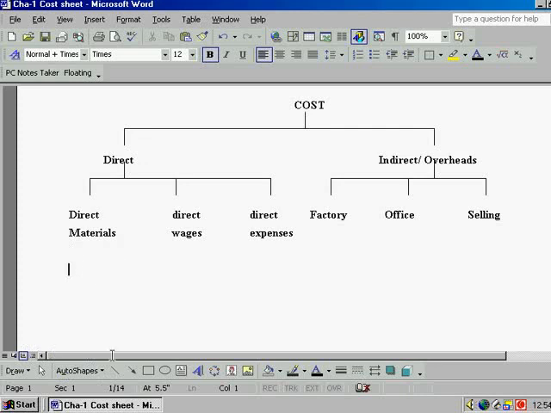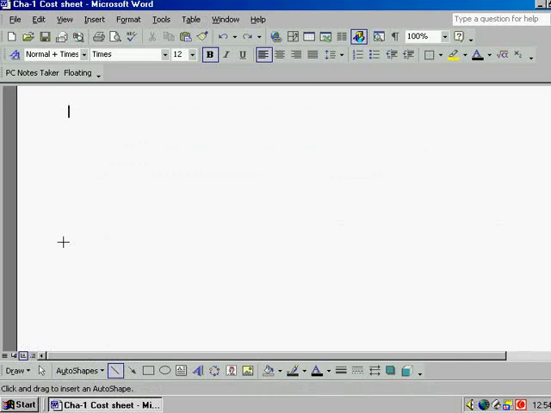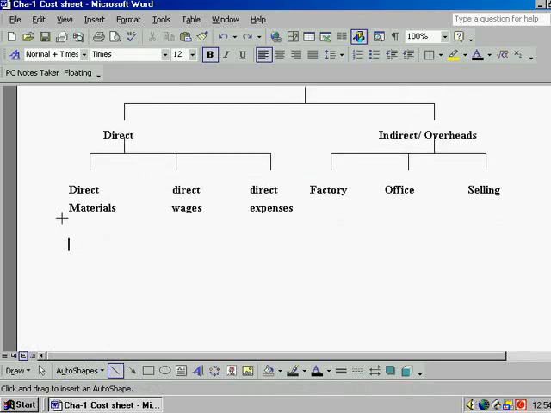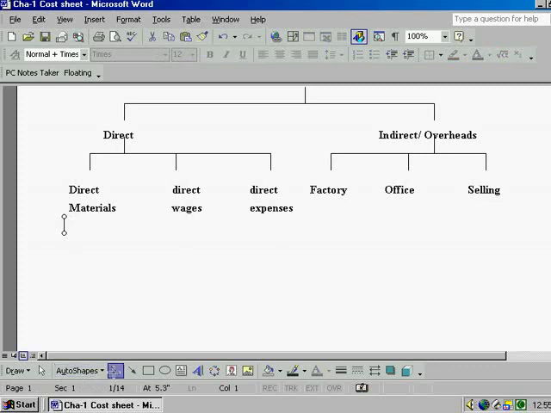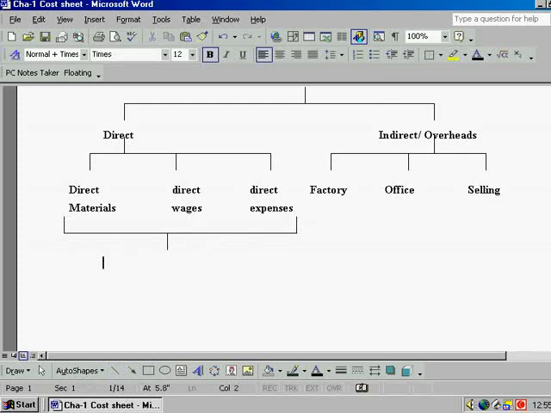So what we do is we add up all these three direct expenses, and the total we get is direct cost, also known as prime cost. So now you get something known as prime cost.